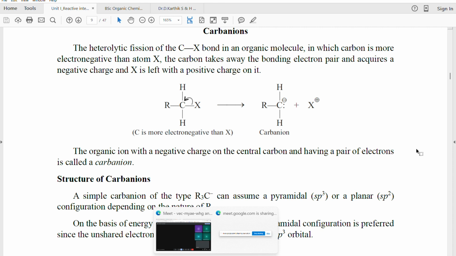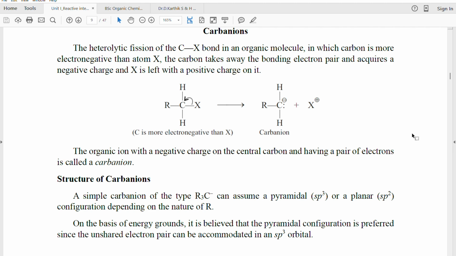I am asking what the hybridization and the structure of the carbocation are. sp2, trigonal planar. Yes, the structure is correct, but the hybridization is sp2, not sp3. Ansia, you said sp2, right? Yes, sp2 hybridization is correct. And Mukesh, you said the structure is trigonal planar, which is correct. So the hybridization is sp2 and the structure is planar trigonal.